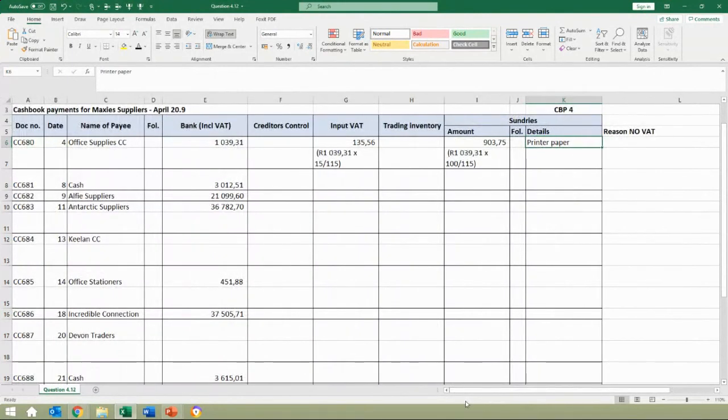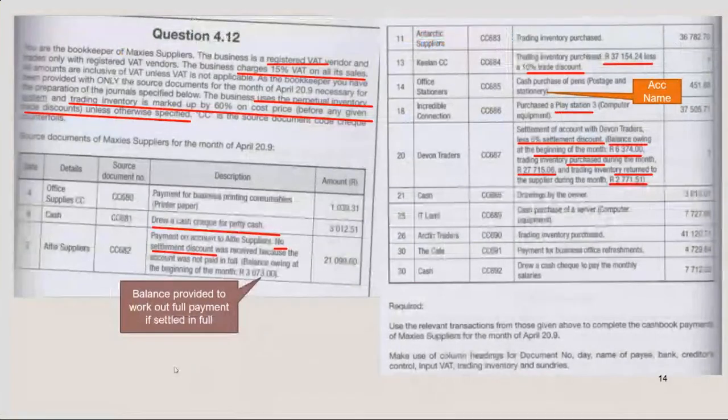Okay, so then on the 8th, we drew a cash check for petty cash of 3,012 Rand and 51 cents. Where does the other side of the transaction go, to which account?